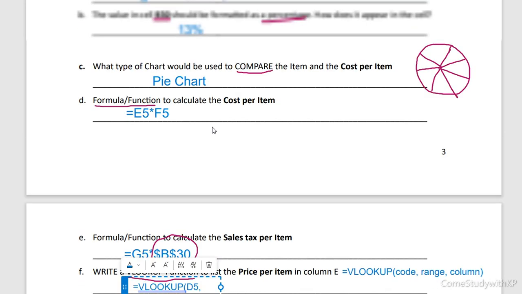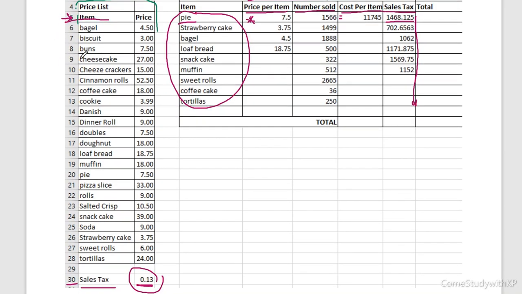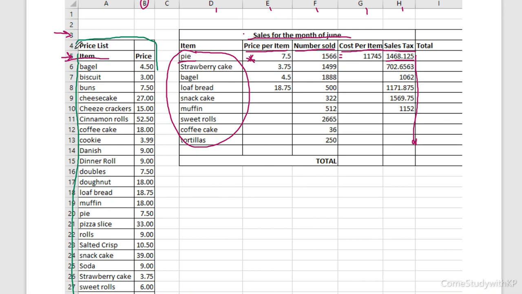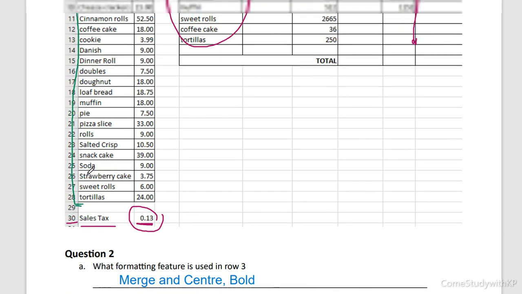And where are we going to look for pi? We're going to look for pi in the price list. This is the price list, and the price list goes from row 5 to row 28.